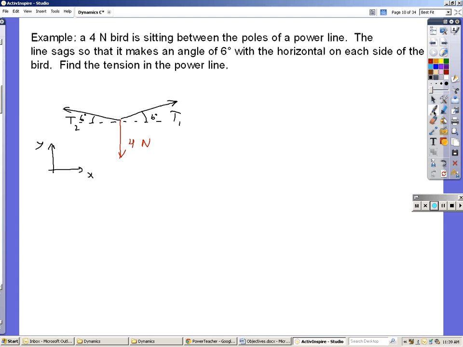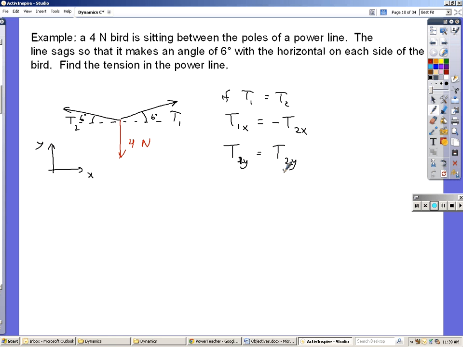It's obvious that if these two tensions are equal, then we have symmetry over the y-axis. And so that means we can say that T1x equals negative T2x. So their x components are going to cancel out, and their y components, T1y, is going to equal the other y component.